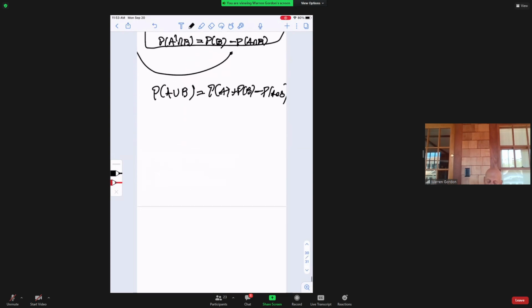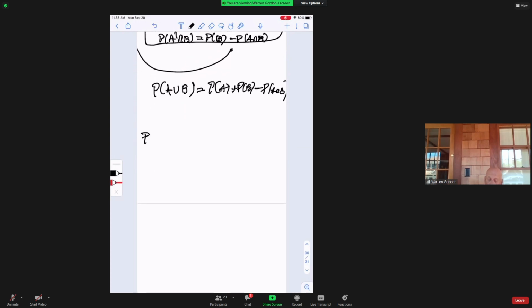So I've just proven that in general, if A and B have elements in common, then this is equal to P of A plus P of B minus P of A intersection B. Notice, by the way, when A intersection B is the empty set, it reduces to the previous case because the probability of the empty set is 0.